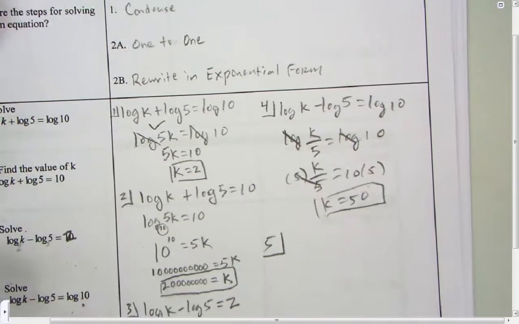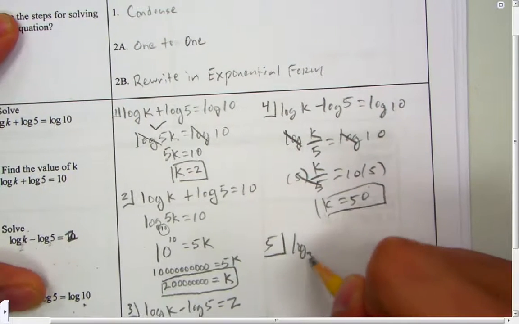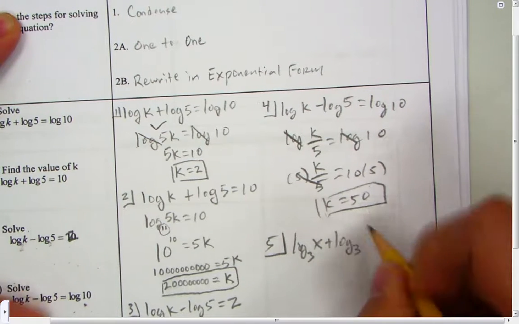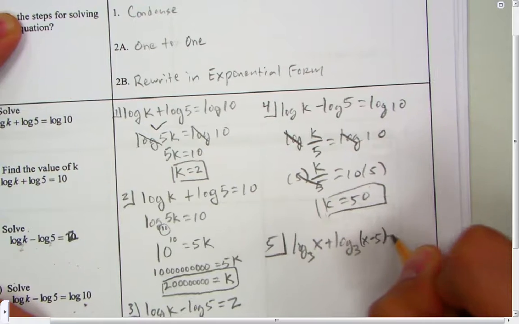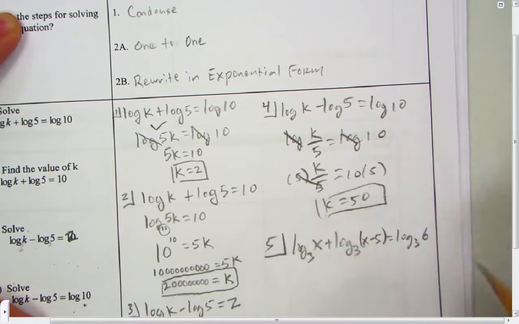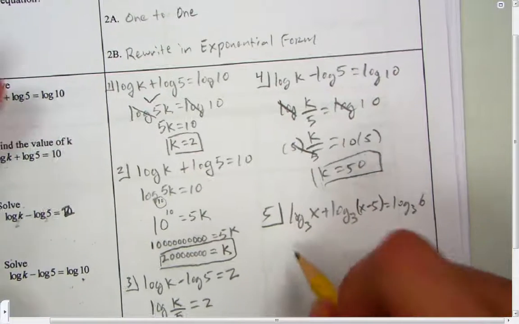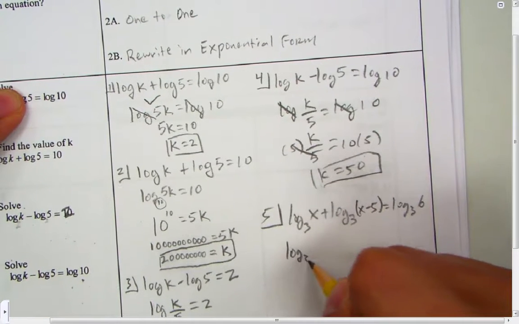Last example, number 5. Log base 3 of x plus log base 3 of x minus 5 equals log base 3 of 6. First step in logs is to condense. I'm going to condense these, so these two logs become 1. Plus means multiply, so x times x is x squared.